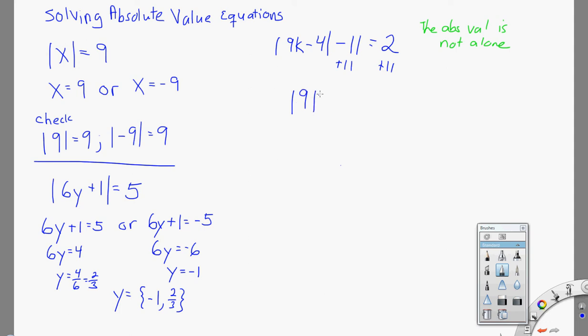So now I still have the absolute value of 9k minus 4 equals 13. Now the absolute value is by itself.